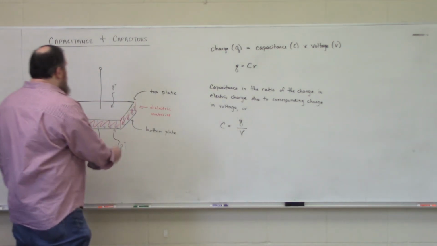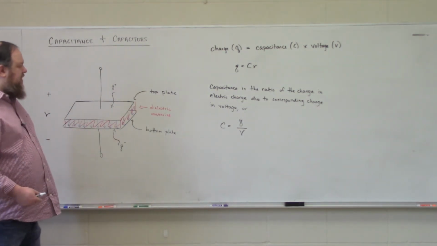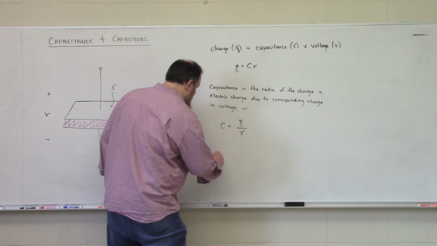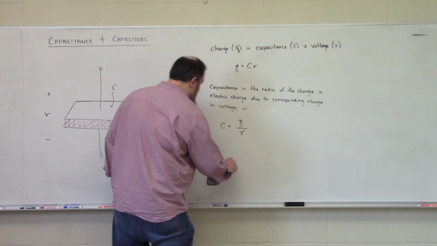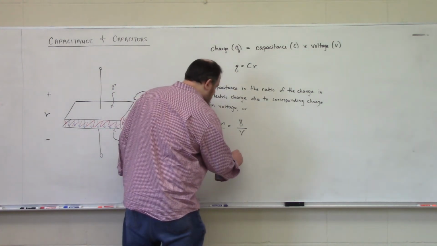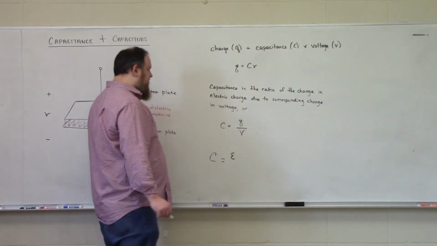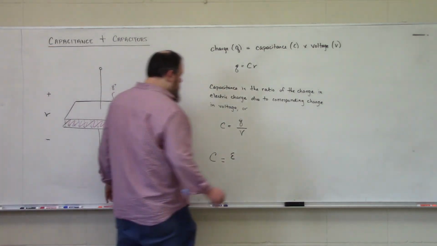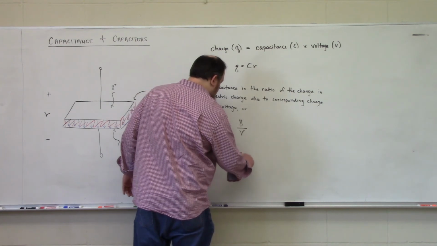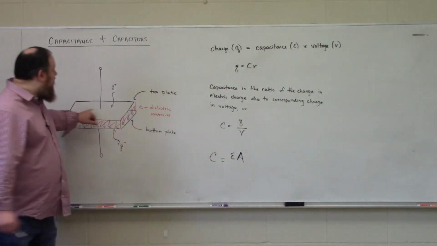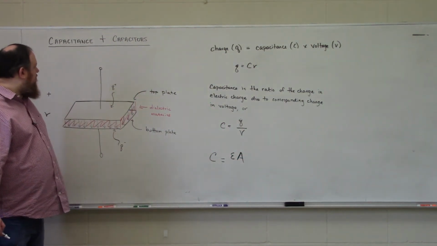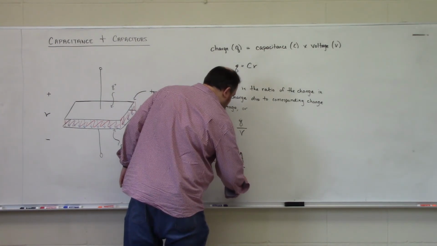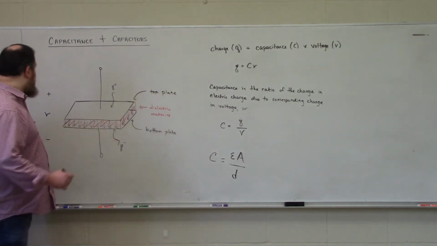For the parallel plate capacitor that we have drawn here, we can also see that C, the capacitance of this structure, is epsilon, the permittivity of the dielectric material, multiplied by A, the area of one of the plates, divided by d, which is the distance that separates the plates.